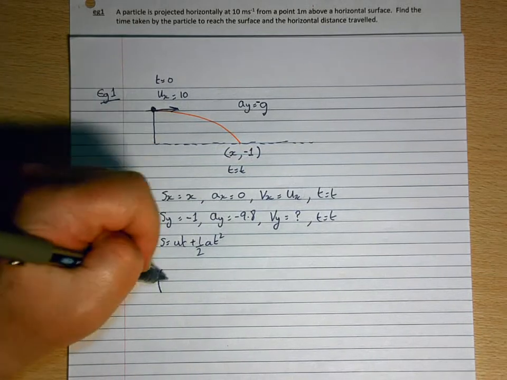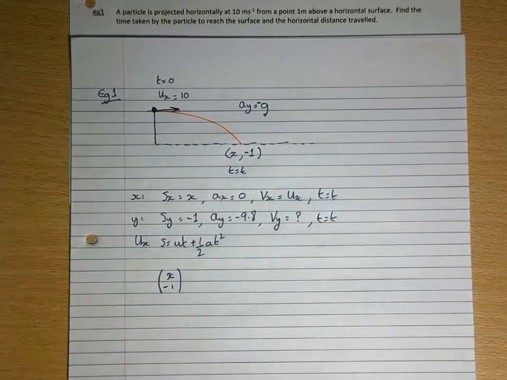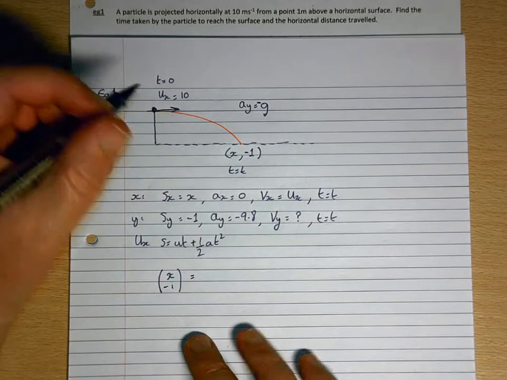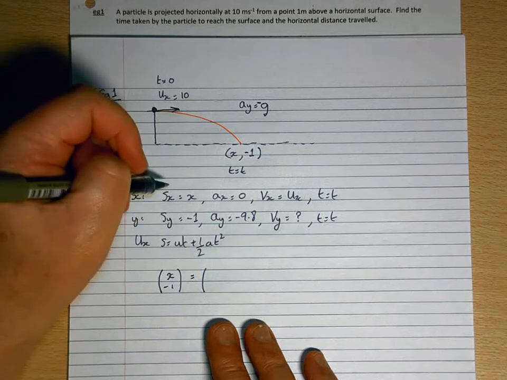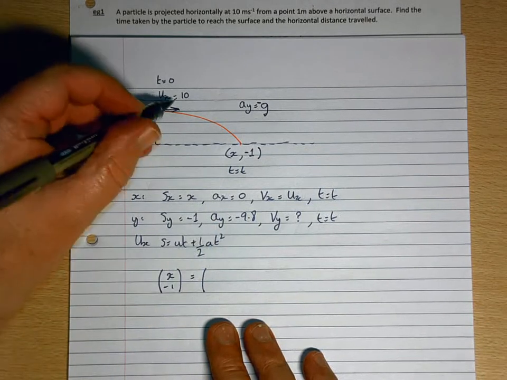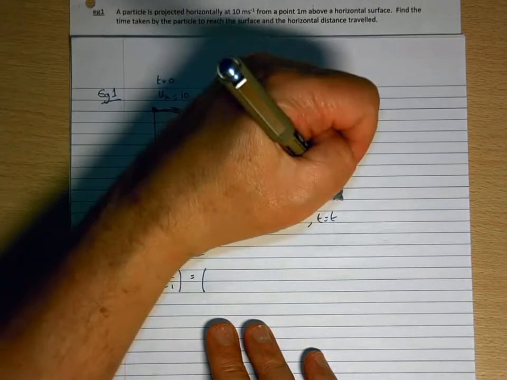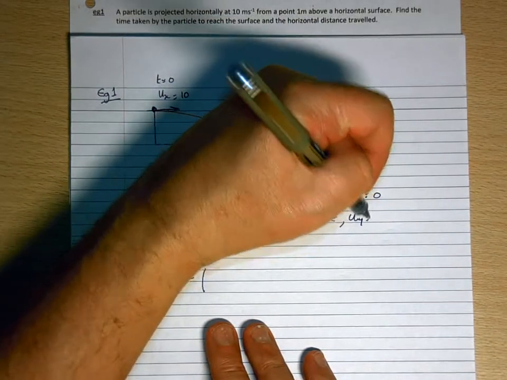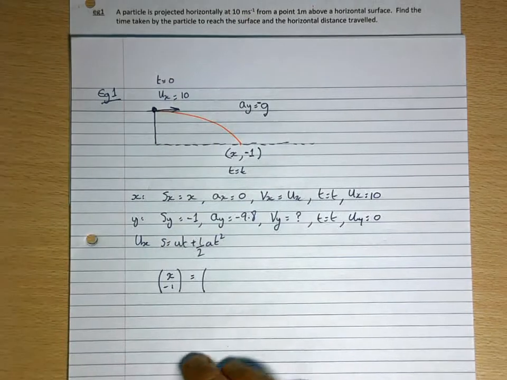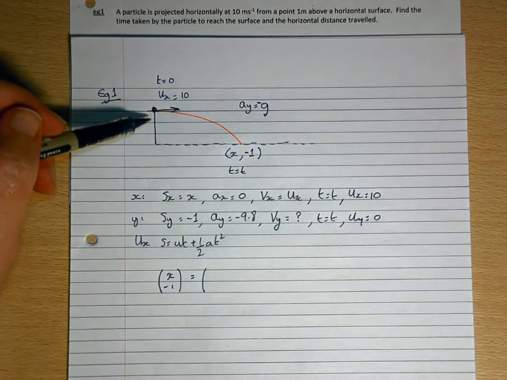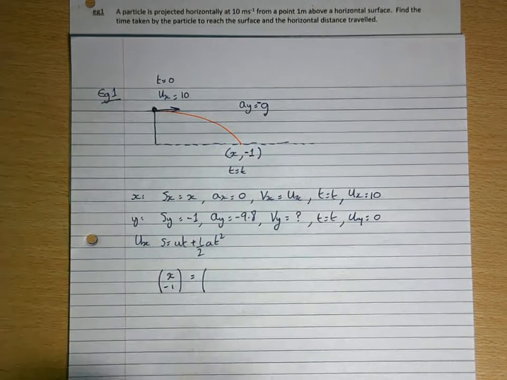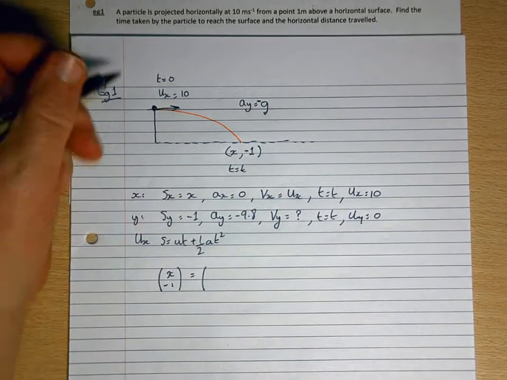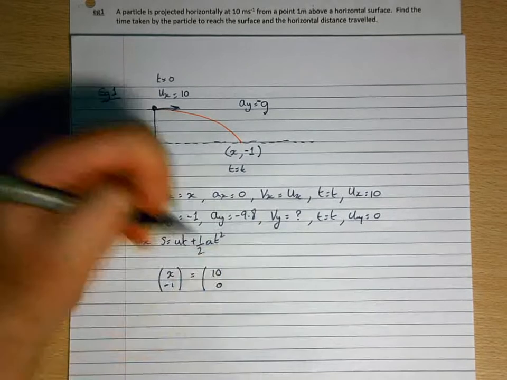So we're going to have x, minus 1 equals u, which is going to be 10, 0, because ux equals 10 and uy equals 0, as the initial velocity is happening entirely in the horizontal plane.